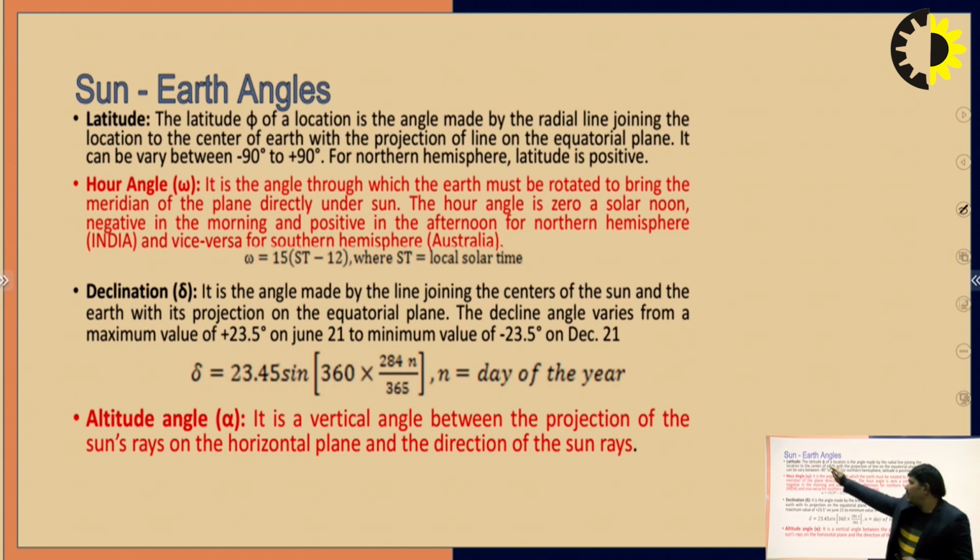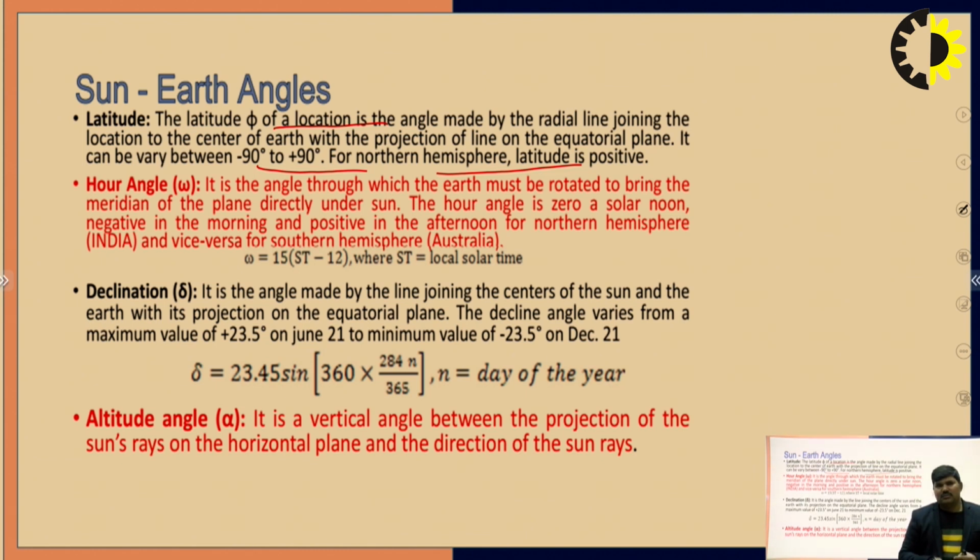The latitude phi of a location is the angle made by the radial line joining the location to the center of the Earth with the projection of the line on the equatorial plane. It can vary between minus 90 degrees to plus 90 degrees, positive for the northern hemisphere.